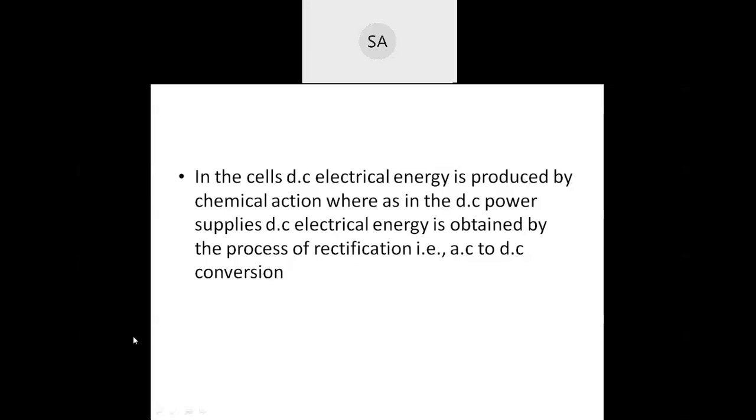DC power supplies are used in amplifiers, oscillators, and electronic gadgets like radio, tape recorders, TV, etc. And digital circuits like computers, digital meters, etc. also require a source of DC power to drive them.